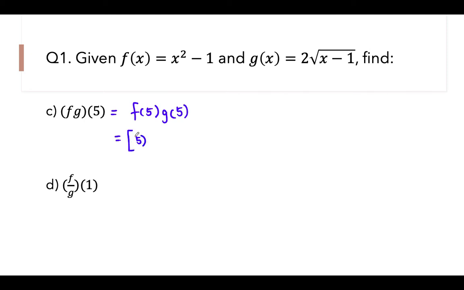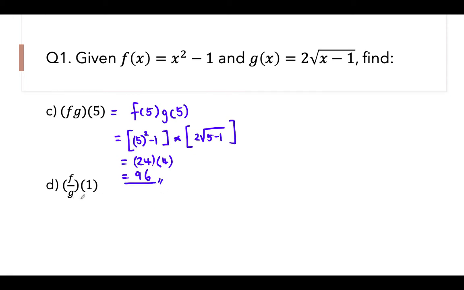So 5 squared minus 1 times 2 times the square root of 5 minus 1. That will give me 24 times 4, and that will equal 96.